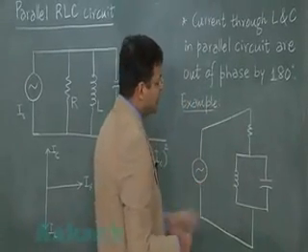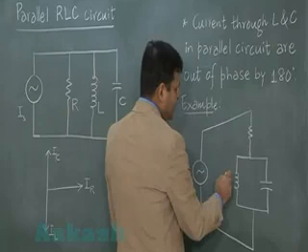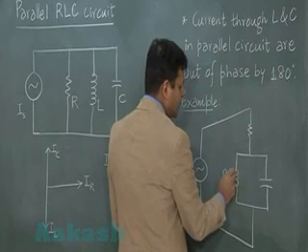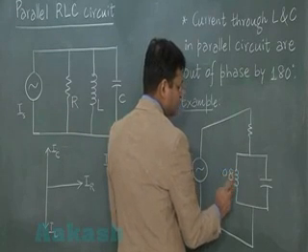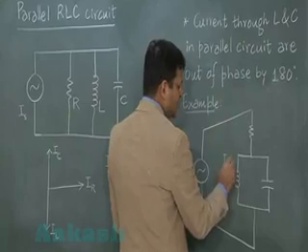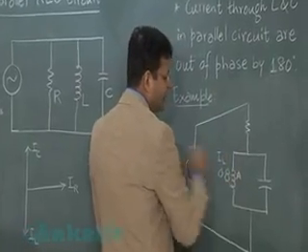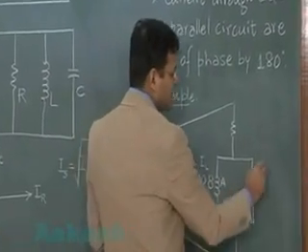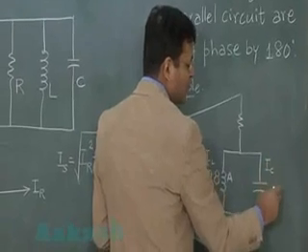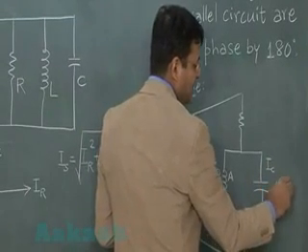Let us suppose at any instant it has been given that the current flowing through this inductor is 0.8 ampere. You understand? Current through the inductor is given to you as 0.8 ampere, and current through the capacitor at any instant has been given to you as 0.3 ampere.